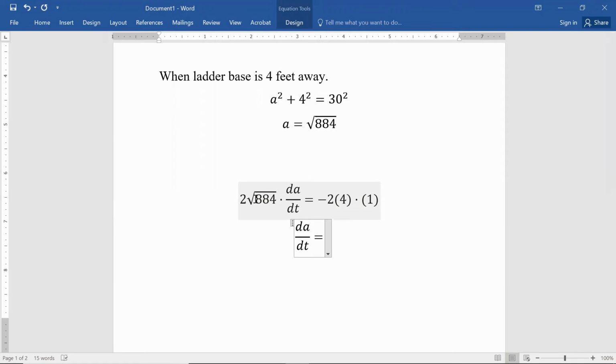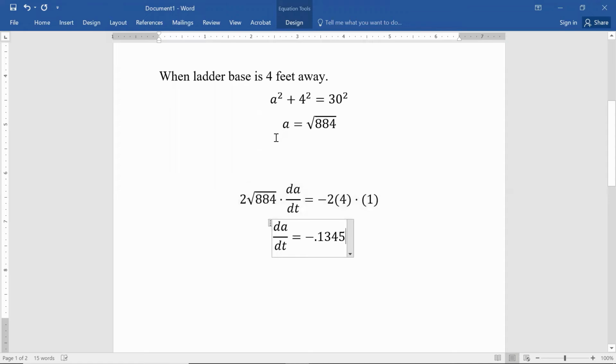So essentially -8 divided by 2 times the square root of 884. I got -0.1345.